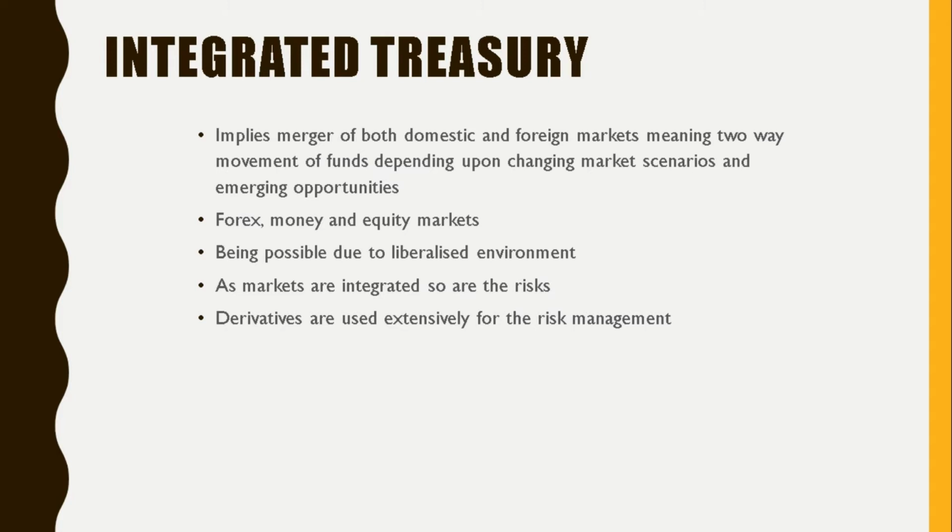Similarly, both domestic and foreign markets have also merged together and formed a unified market, and this is called integrated treasury. So, forex, money and equity markets are integrated, which is possible due to the liberalized environment. As markets are integrated, so are the risks. Derivatives are used extensively for risk management. So, when we talk about risk management, the first thing that should come to your mind is derivatives. We are going to study about it later.